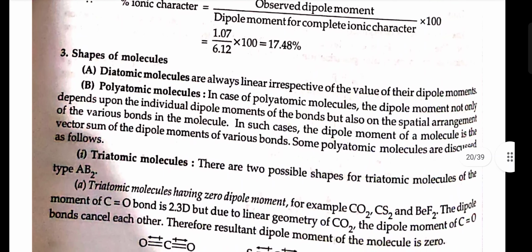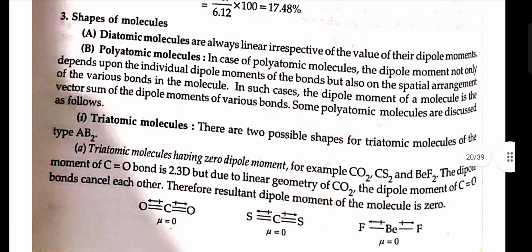Shapes of molecules. A diatomic molecule is always linear irrespective of the value of its dipole moment. For polyatomic molecules, the dipole moment does not depend only on the individual dipole moments of the bonds but also on their spatial arrangement.